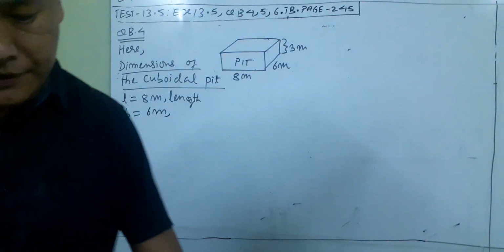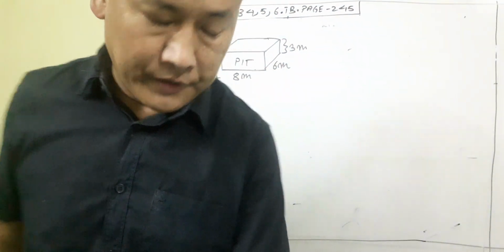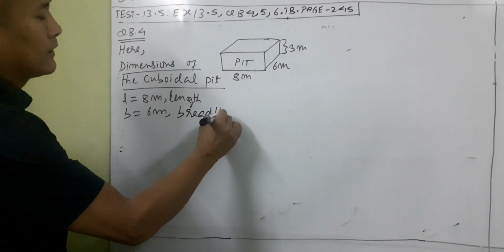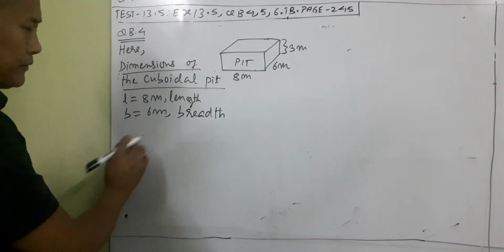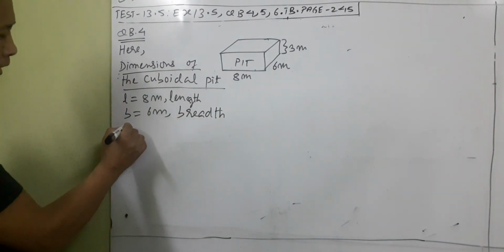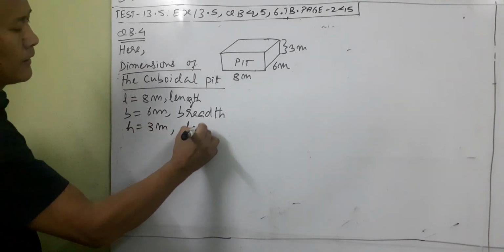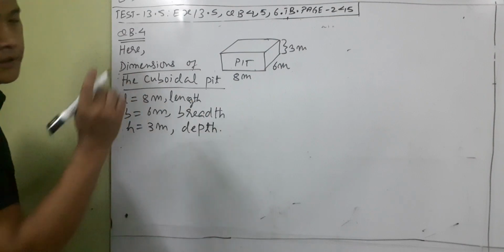I think they have mentioned it as broad, so we can use the word breadth, B-R-E-A-D-T-H, and sometimes they use width also. It means the same thing. H is equal to 3 meter. Here it represents the depth of the pit that you have to dig.